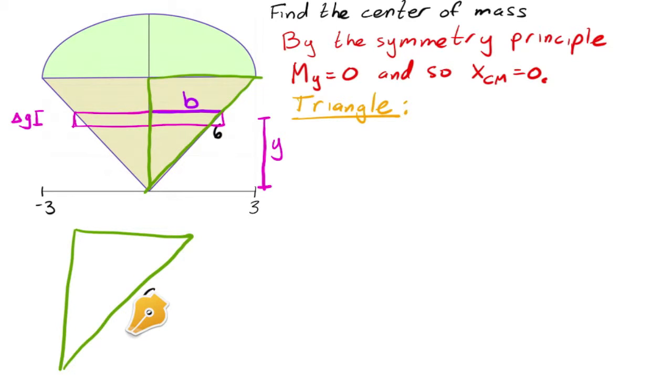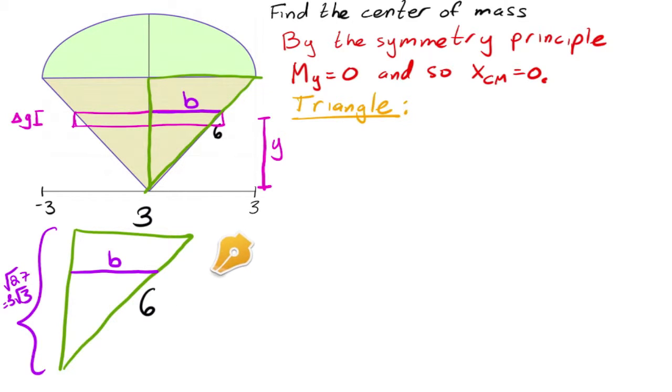So I know this side is 6, and I have this right here, that's going to be b, and since it's an equilateral triangle, this side over here is going to be 3. Okay, so then using the Pythagorean Theorem, I know that right here this is square root of 27, or 3 square root of 3.